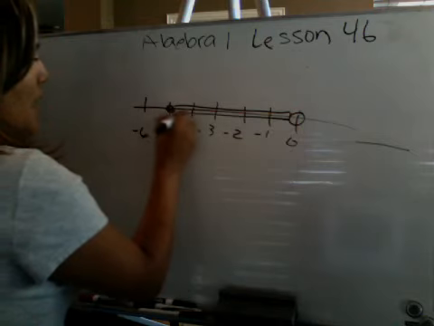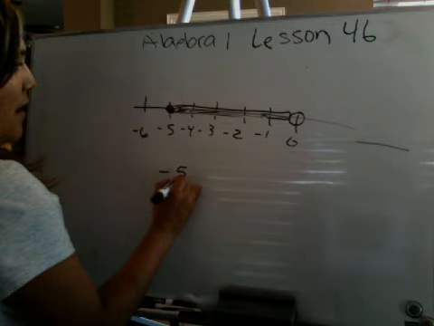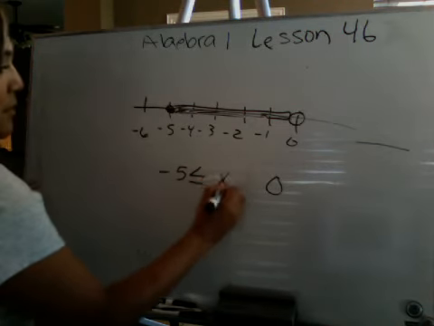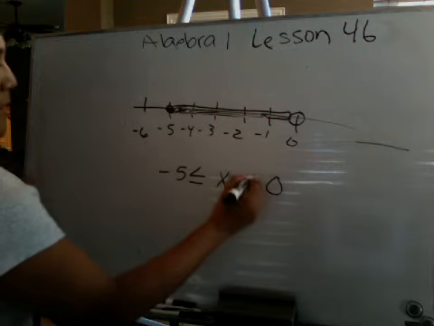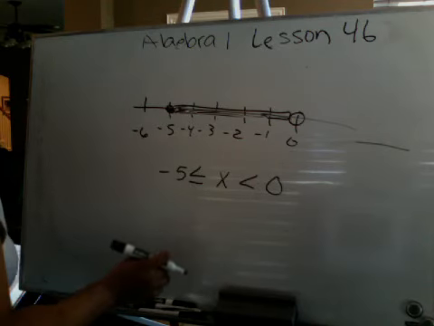So I'm saying x is what? Between negative 5 and 0. But because this is closed, it's greater than or equal to negative 5, but less than 0, not including 0 because 0 is open. So that's how you would write a conjunction that describes that graph.